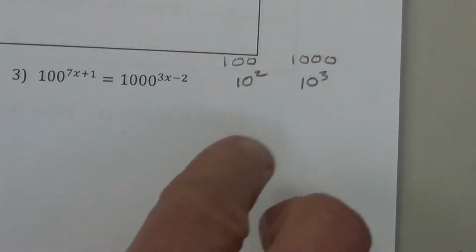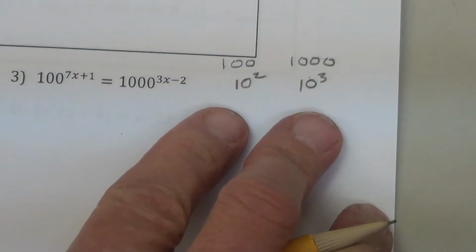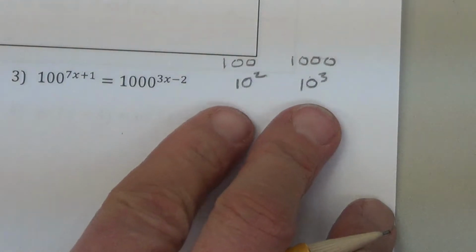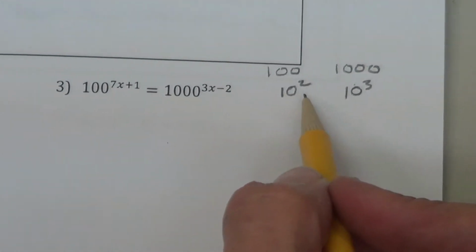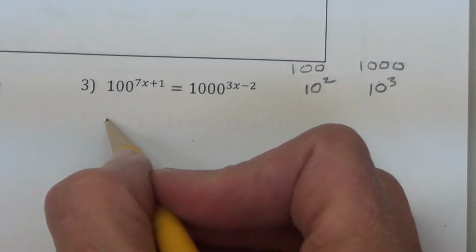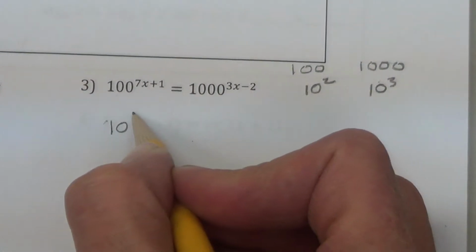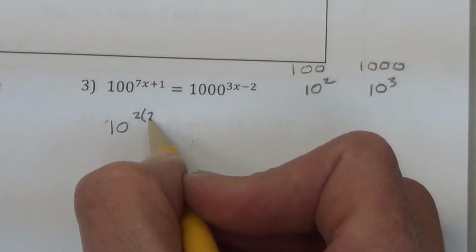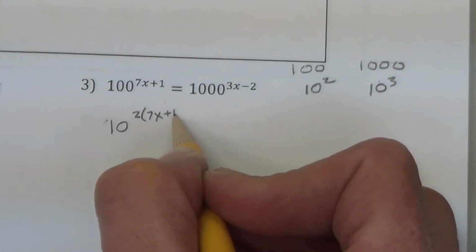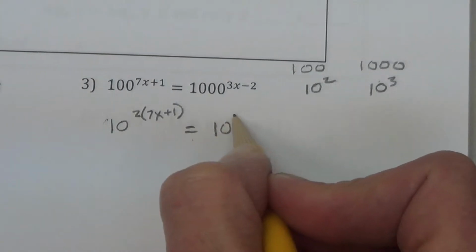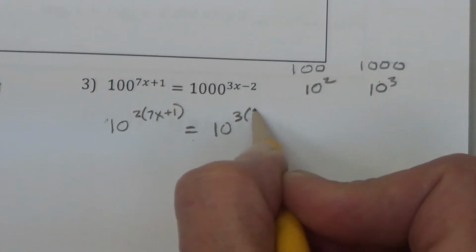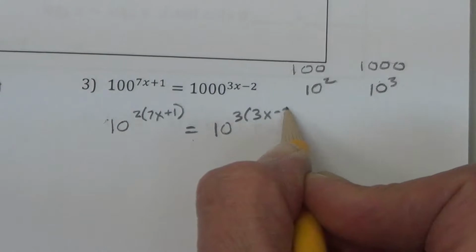Those are both common exponents that I've asked you to memorize, so hopefully you do remember those. So now we bring back in the 10 squared in place of the 100, so we'd have 10 to the 2 times 7x plus 1 equals 10 to the third times 3x minus 2.